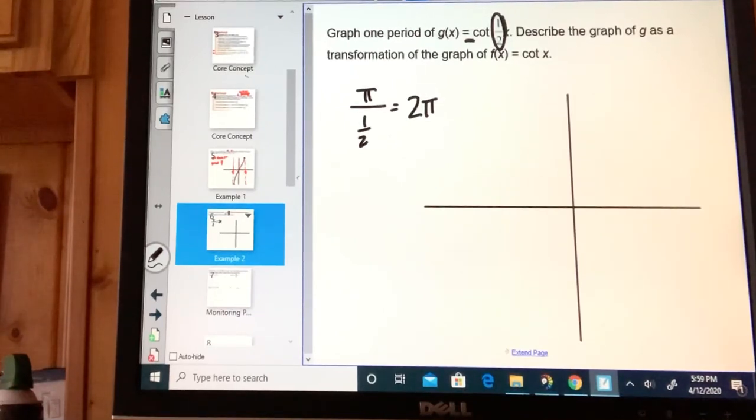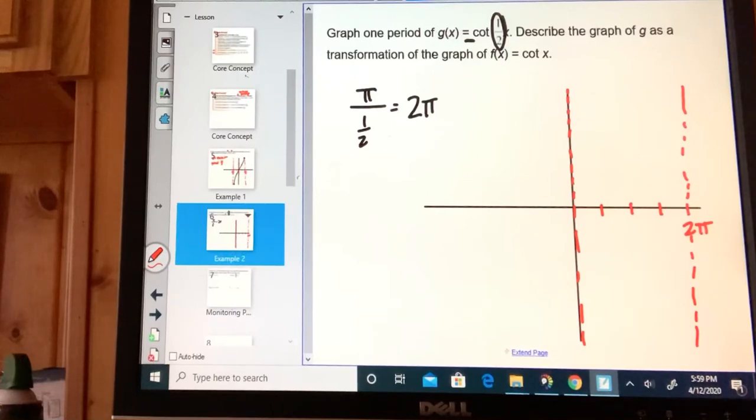Now, because this is the reciprocal function, I know anytime it was 0 before, it's going to be an asymptote. So I need to have 1, 2, 3, 4 notches in a dotted line. And on my 4th notch, I'm going to say that's pi over 2.